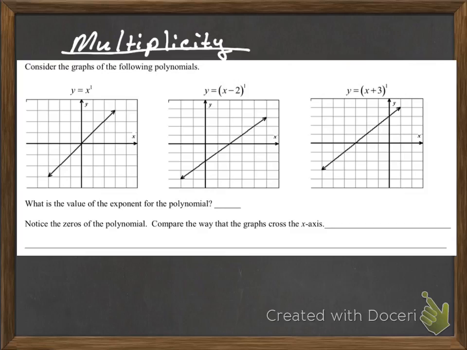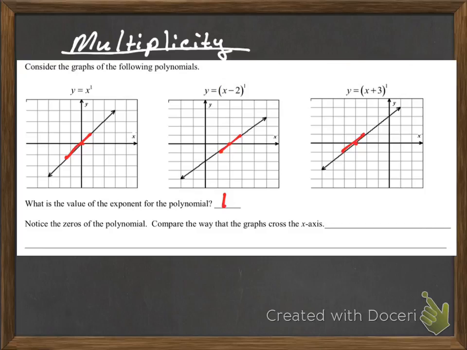Now what all these equations or functions have in common is that the exponent on these is a 1. Now notice the zeros on these polynomials. The zeros are where your graph intersects the x-axis. Now if you look at how the graph behaves at that intersection, our graph is just simply going straight through that intersection point.